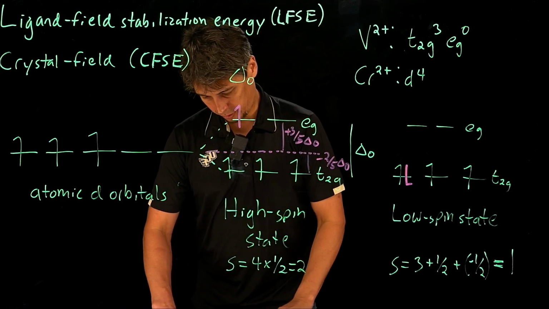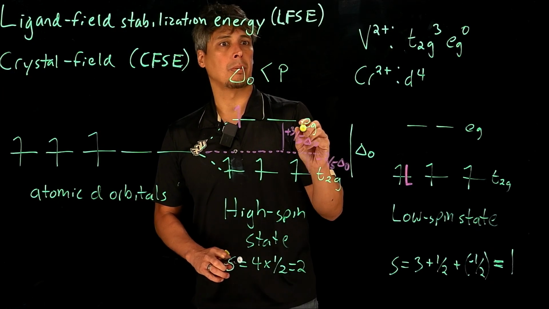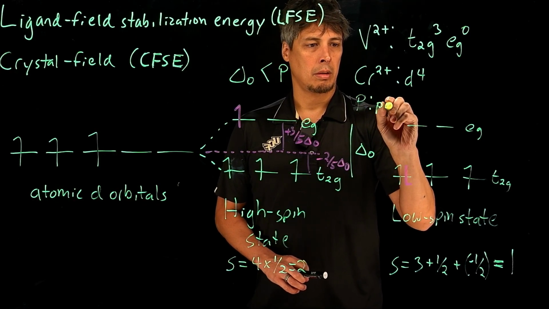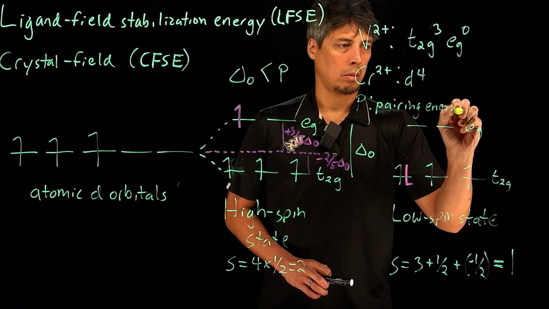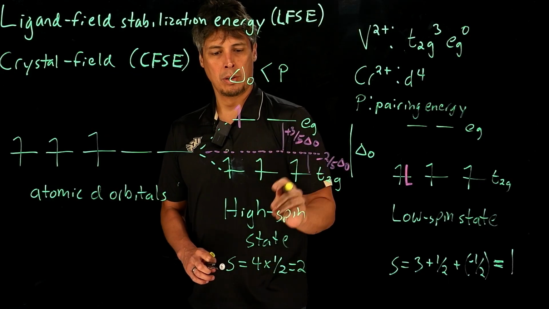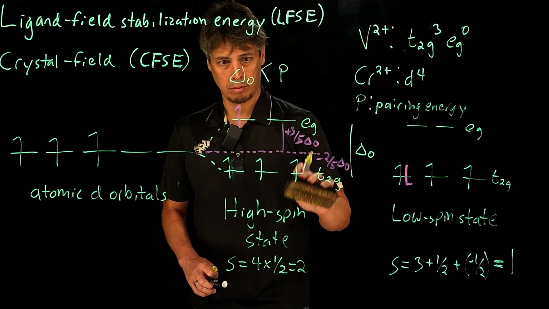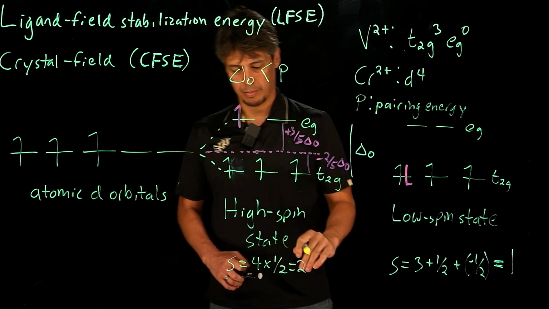So when delta O is less than P, what we end up with is the high spin state.